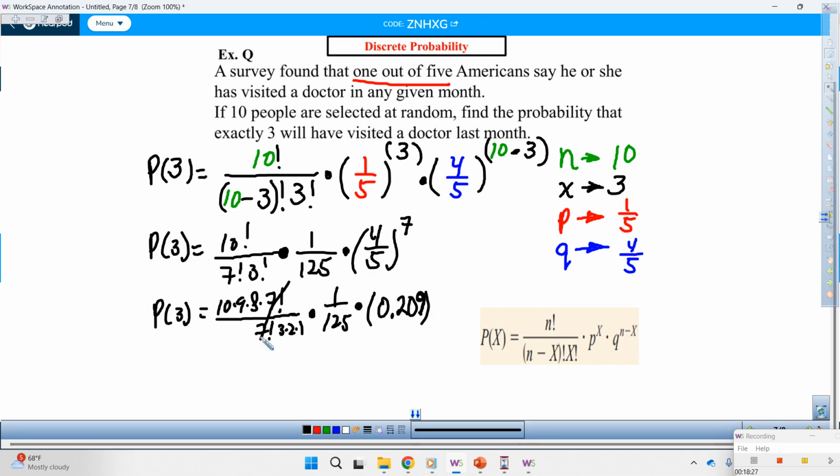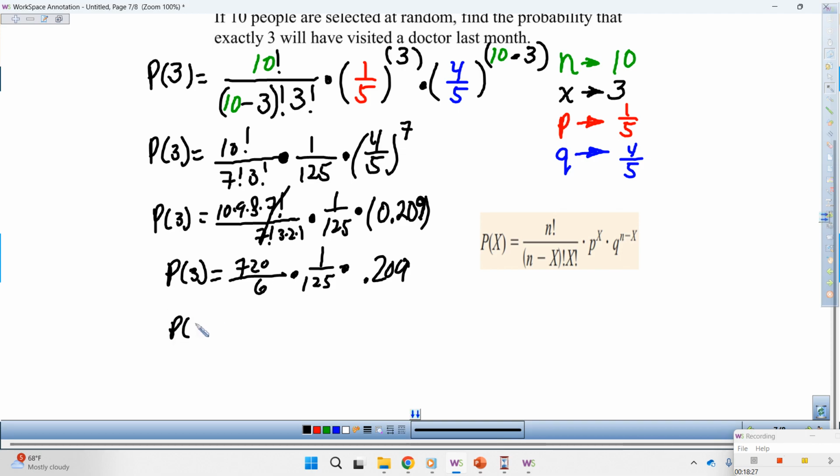So, the 7 factorials cancel. We're left with 10 times 9 times 8. That is 720 over 6 times 1, times 1/125 times 0.209. P of 3 is 120 times 1 over 125 times 0.209.